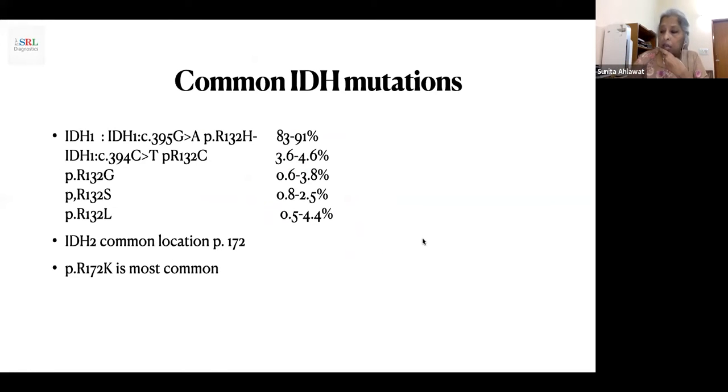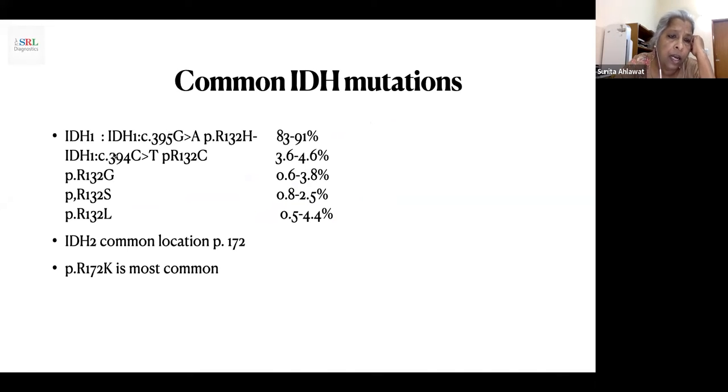So the common IDH mutation, the most common, is IDH1 R132H. It is seen in more than 90% of the astrocytomas and oligodendrogliomas.